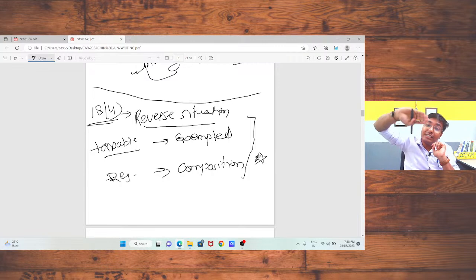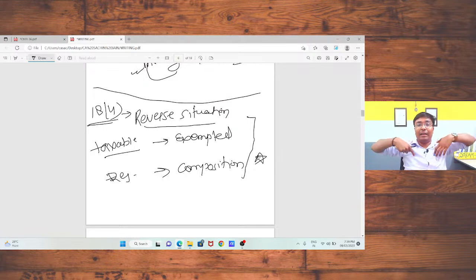So if the product is converted into exempted, I need to reverse the input tax credit on all the inputs and input goods and input services which are in my hand.